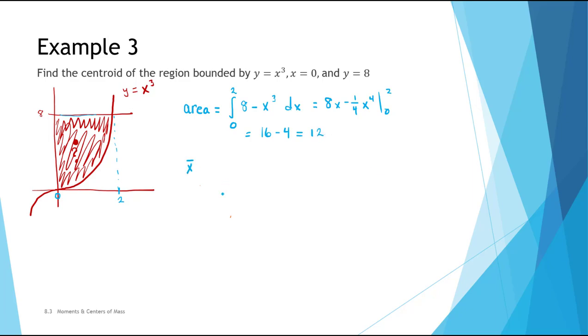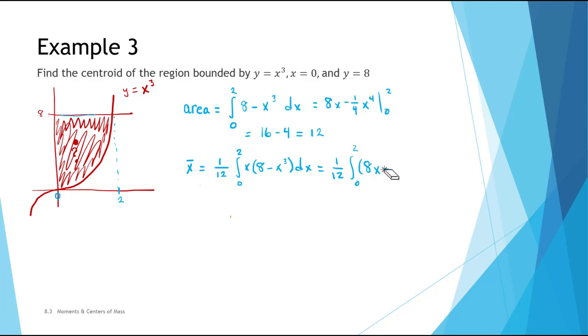To find the x-coordinate of the centroid, we take 1 divided by the area, and we integrate from 0 to 2, a to b, x times 8 minus x to the third dx. I just want to point out that this integral is nearly the same as the integral we used for area, just with an extra factor of x. I'm telling you that only to try to help you remember. To integrate this, we need to first distribute that x.